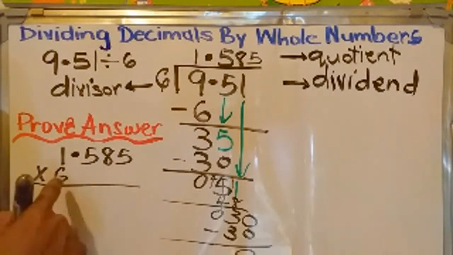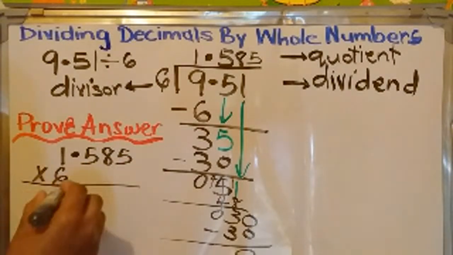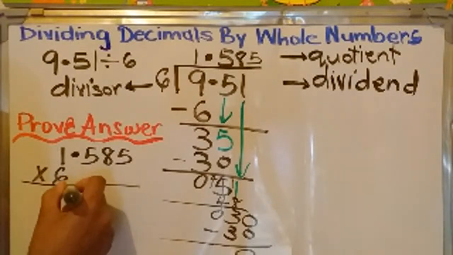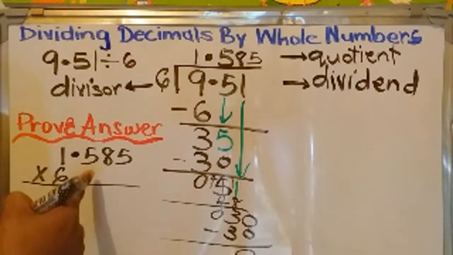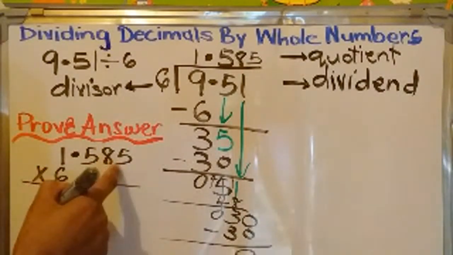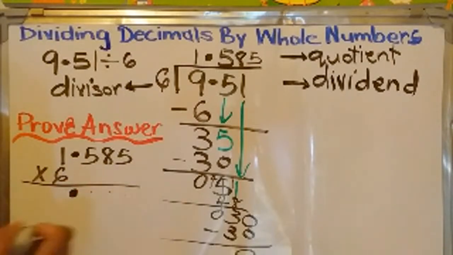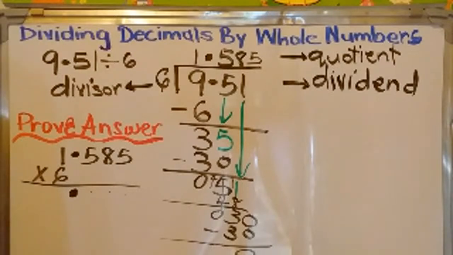So I'm going to take this 5 and multiply it by 6. But before we do that, I'm going to put my decimal place down, because remember, we're multiplying decimal numbers. And of course, let's check next to see how many decimal places are after your decimal point. 1, 2, 3. So I'm going to put 3 dots right here to let you know that there are only 3 digits that should fall after your decimal place.